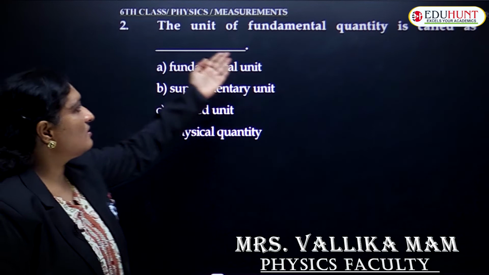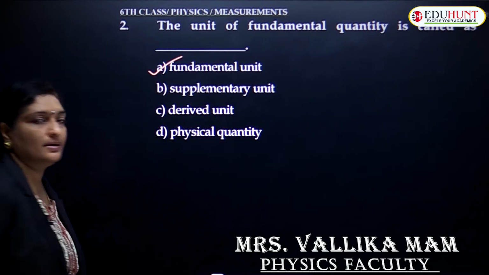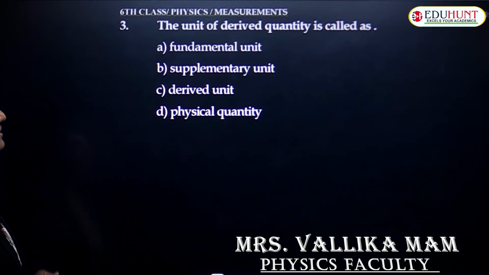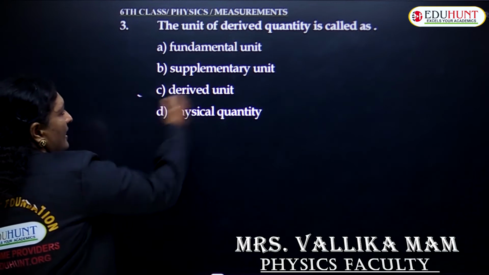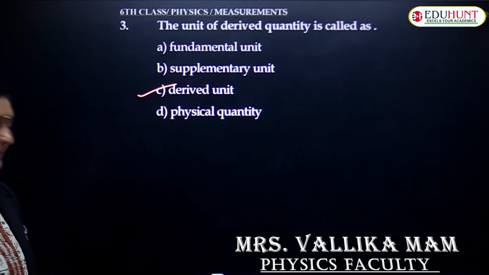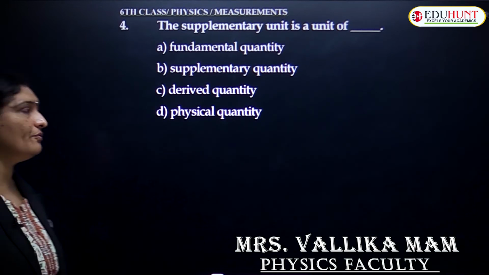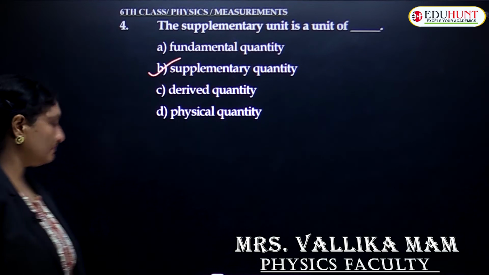Hence, the unit of fundamental quantity is called a fundamental unit, which is the correct option. Next, the unit of derived quantity is derived unit, option C. Moving ahead, the supplementary unit is a unit of supplementary quantity, option number B.